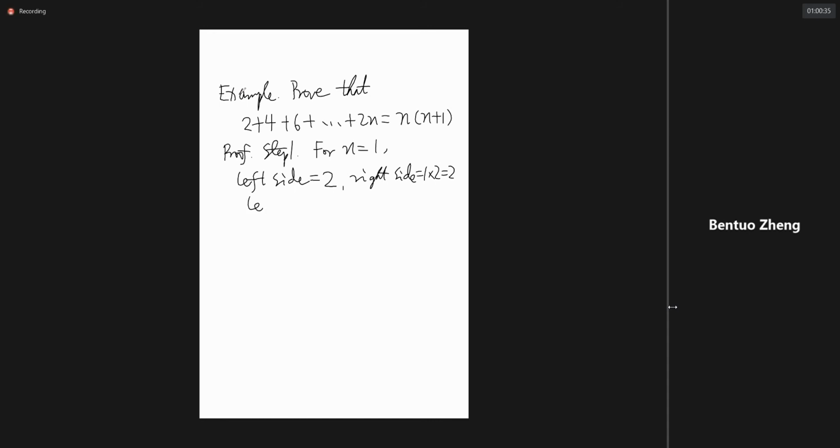So how did you get the left side, like how did you get 2 for the left side again? Okay, so look at the summation here. When n equals 1, look at the last term. The last term is 2 times n, right? So n equals 1, so the last term is 2 times 1, which is 2, right?